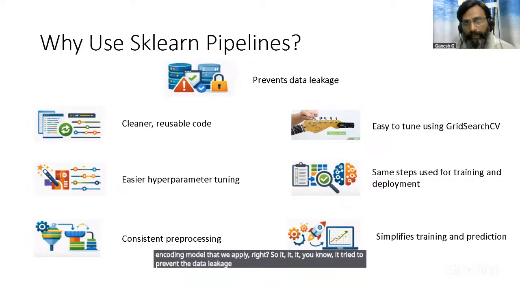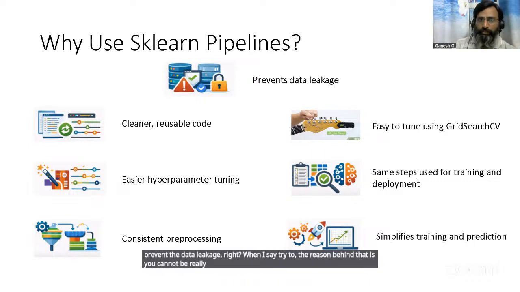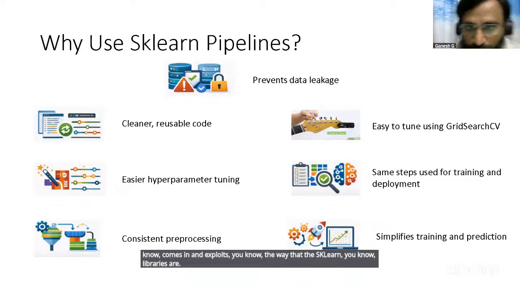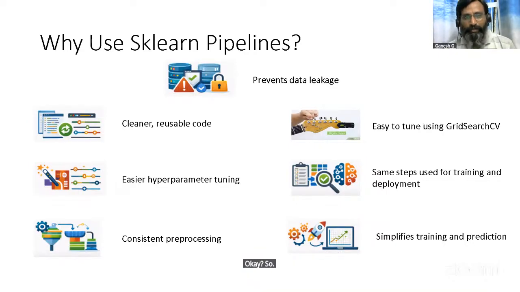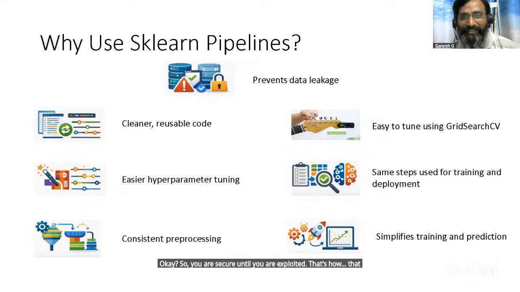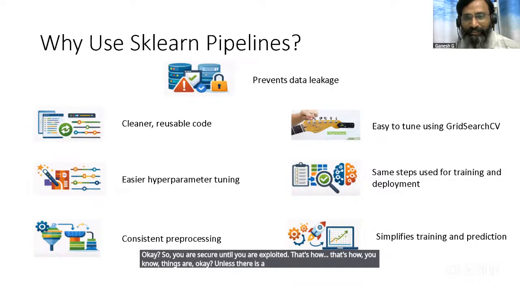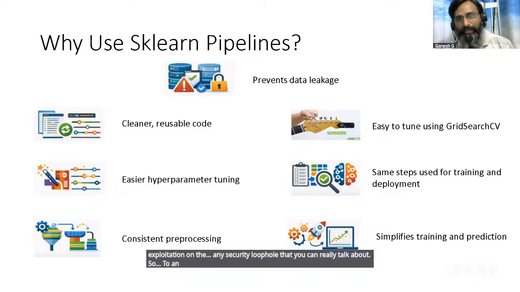When I say try to, the reason is that you cannot be 100% sure, unless somebody exploits the way the sklearn libraries work. So you are secure until you are exploited. Unless there is a vulnerability or an exploitation of a security loophole, to an extent it prevents data leakage.